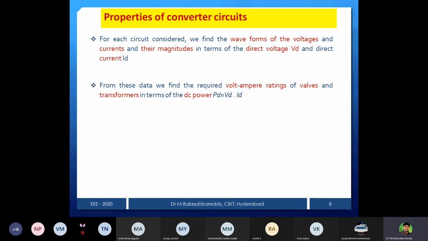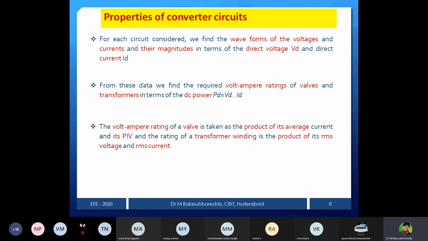So we need to decide the valve rating as well as the transformer rating. The DC power PD is equal to VD into ID, and based on that we decide the rating of the valve and transformer.